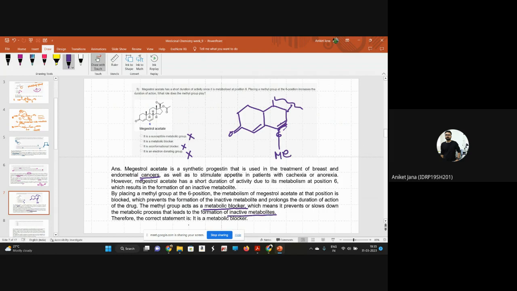Therefore, the correct statement is that it is a metabolic blocker. So metabolism cannot take place, and it increases the duration of action of this molecule.